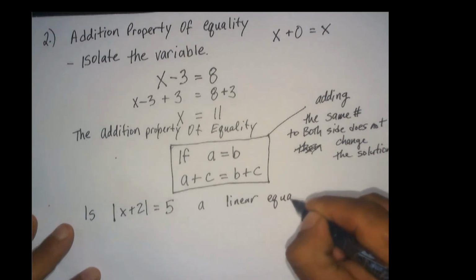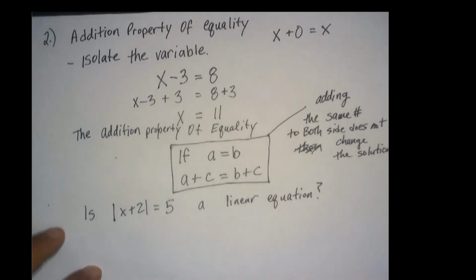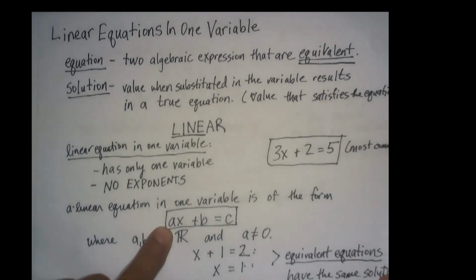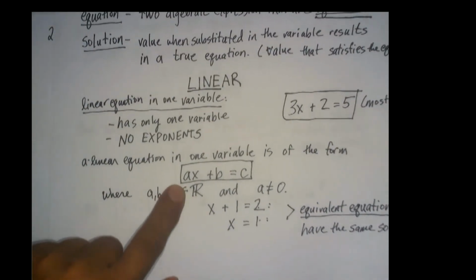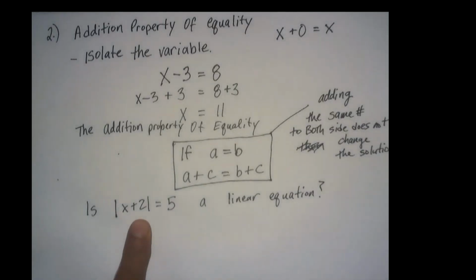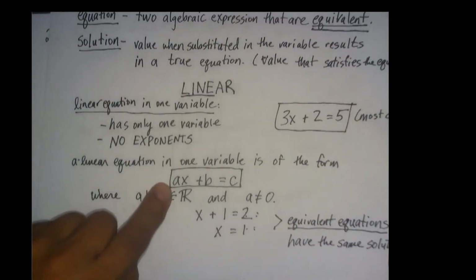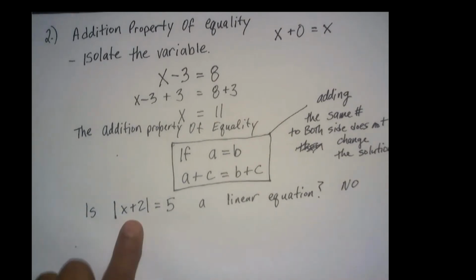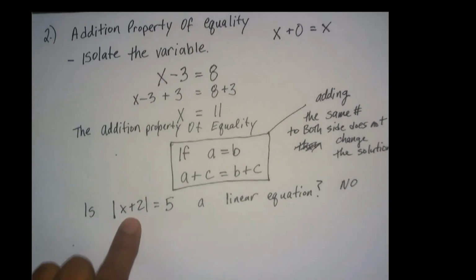Let me go back to the form of the linear equation. Linear equations look like this. So let me ask again. Does that look like this? No. So the answer is no. Why, though? Because this actually has two solutions. It's not linear, because it makes two lines, actually. And we'll talk about absolute value equations much later.